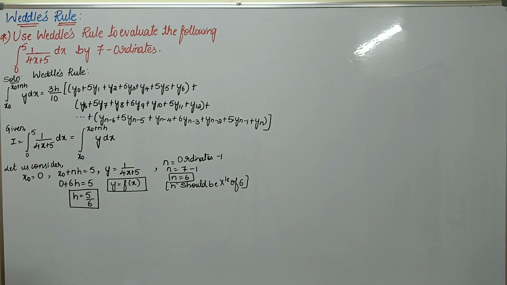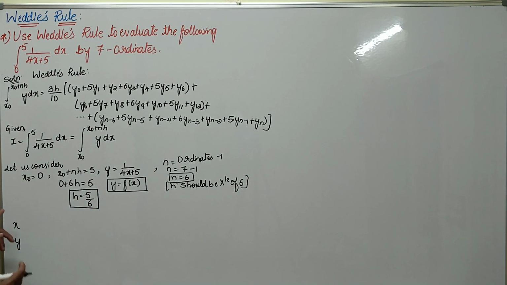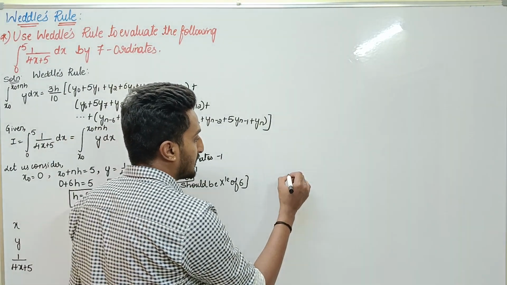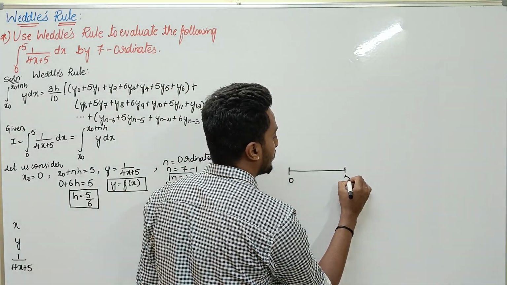Now, considering this term, we are going to represent the interval. What are the intervals? That is with respect to x, y. X represents the interval, and corresponding to that interval, the functional value is defined with respect to y. What is y? Y I can represent as f of x, that is 1 by 4x plus 5. Done. Now we are supposed to represent the interval starting from 0 and ending at 5.